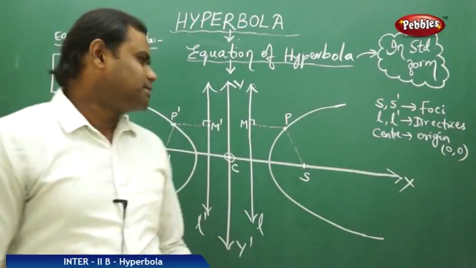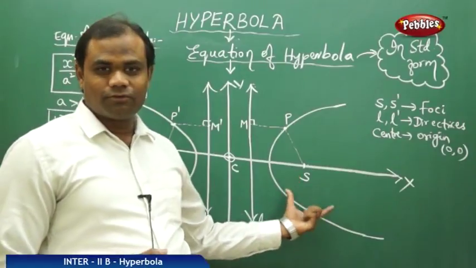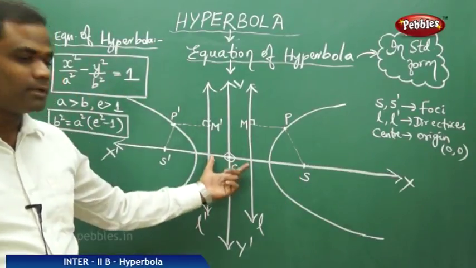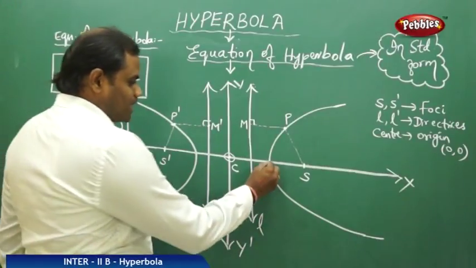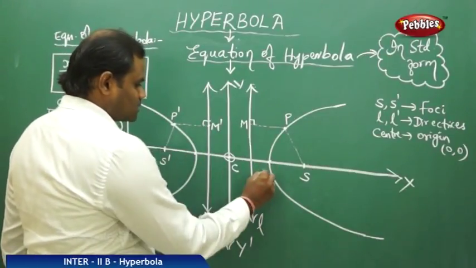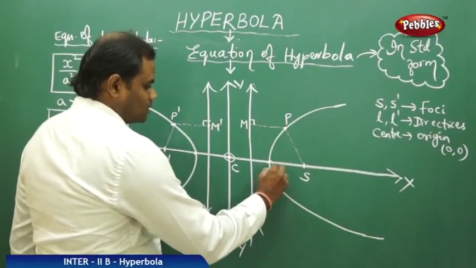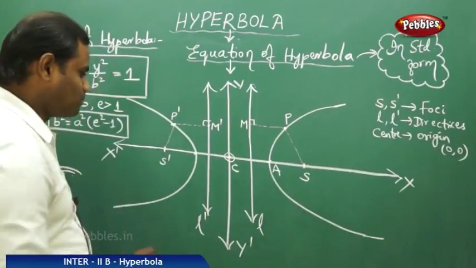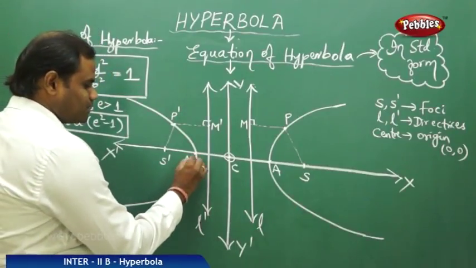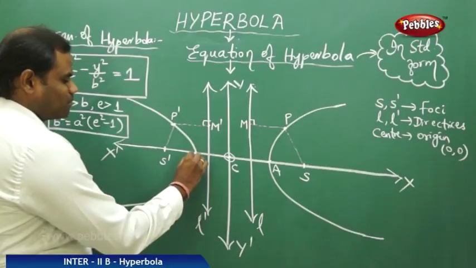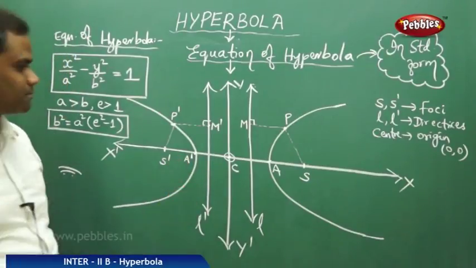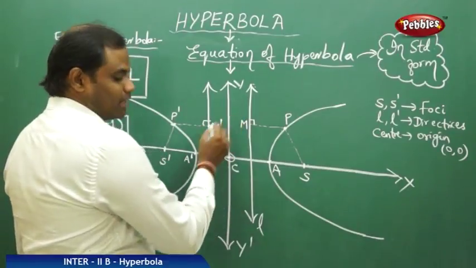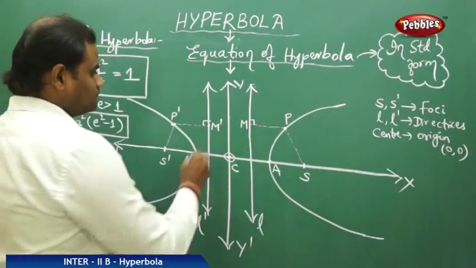Now here, let's try to identify the coordinates of foci, equations of directrices, and any other properties identified here. Now, A is the point at which the hyperbola cuts the x-axis on the positive side, and A dash is the point of intersection of hyperbola with the negative side of the x-axis. And similarly, I have B and B dash which exist out here.